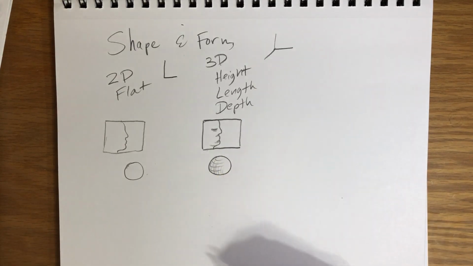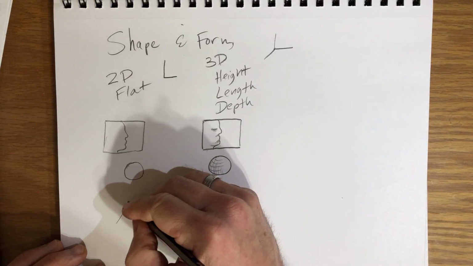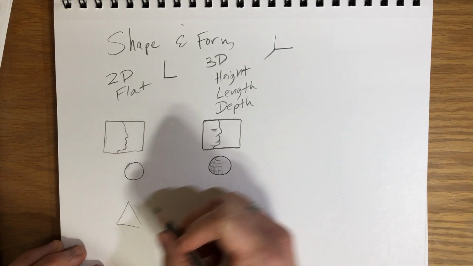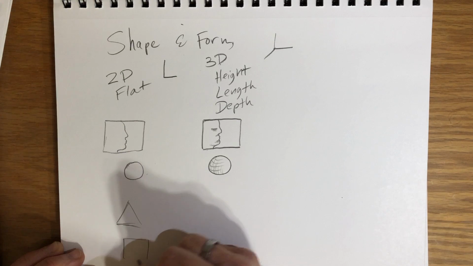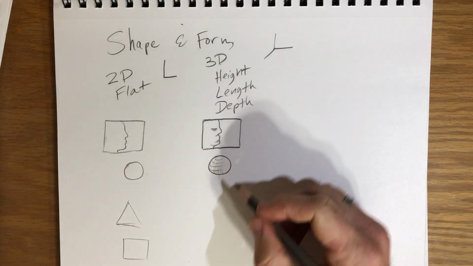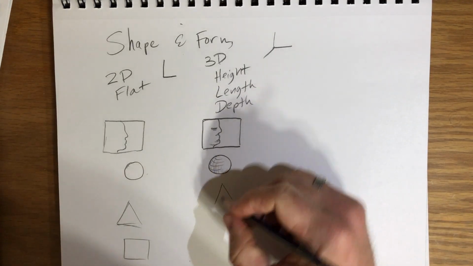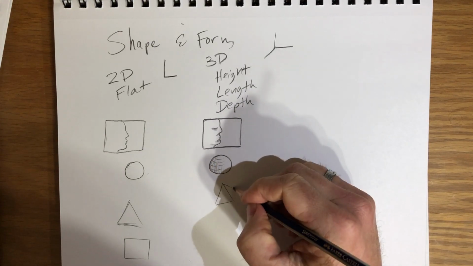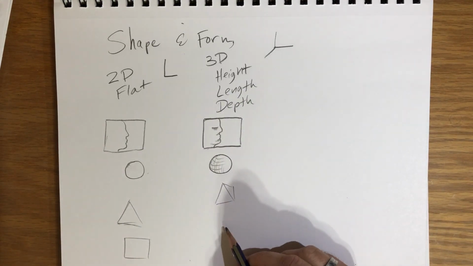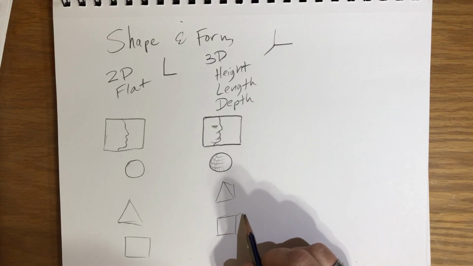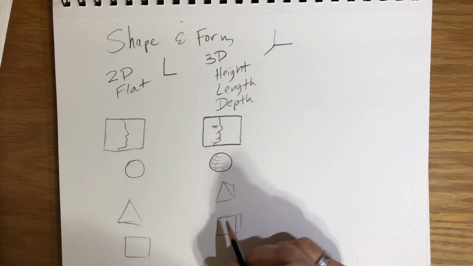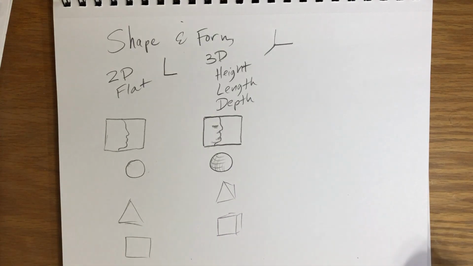Okay, so if you're playing with shape, of course, triangles, squares, etc. If you're playing with form, the triangle becomes a pyramid. The square becomes a cube, and so on.